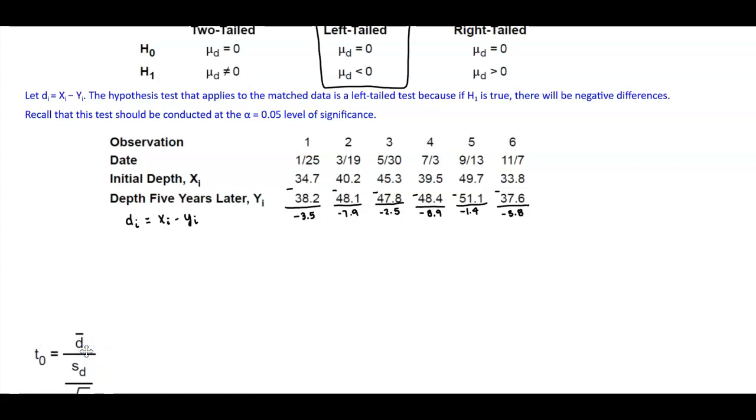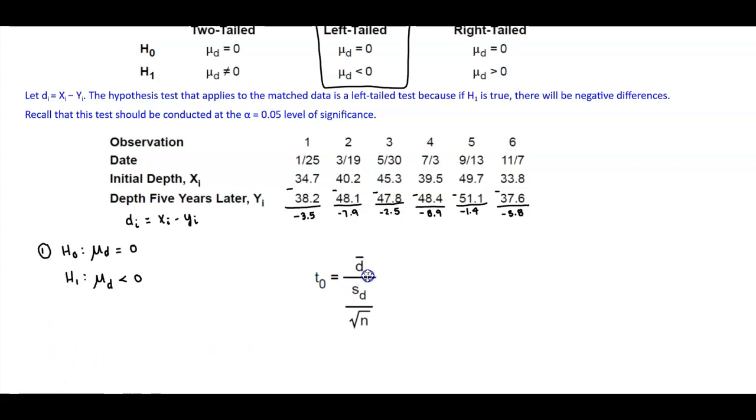Okay, so first, let's determine what is the null and what is the alternative. We're talking about the mean difference, so we know that the population mean difference is going to be less than 0 since it's a left tail. And we know that the population mean difference for the null is always going to have the equality.